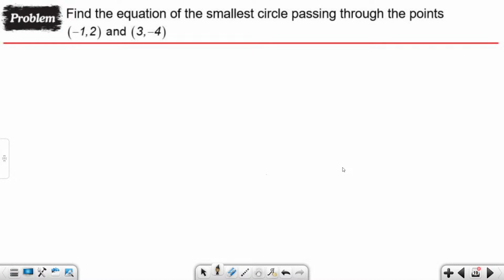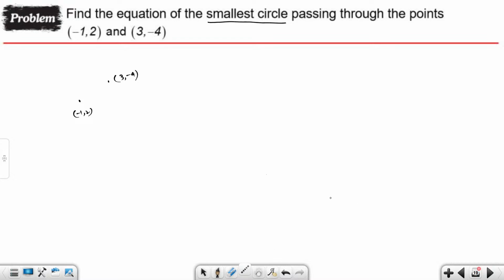See this question. Find the equation of the smallest circle passing through the points -1, 2 and 3, -4. There are 2 points. One is -1, 2. Another one is, let us say, 3, -4. Now, through these 2 points, there are an infinite number of circles that can pass.